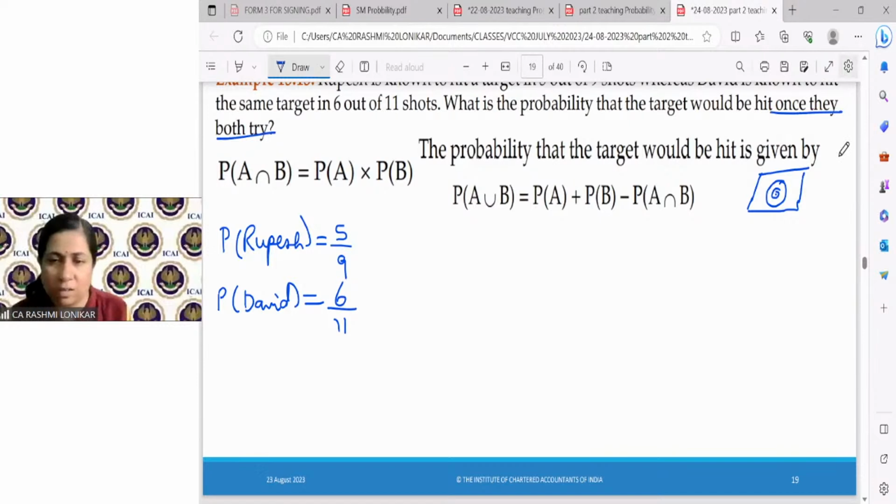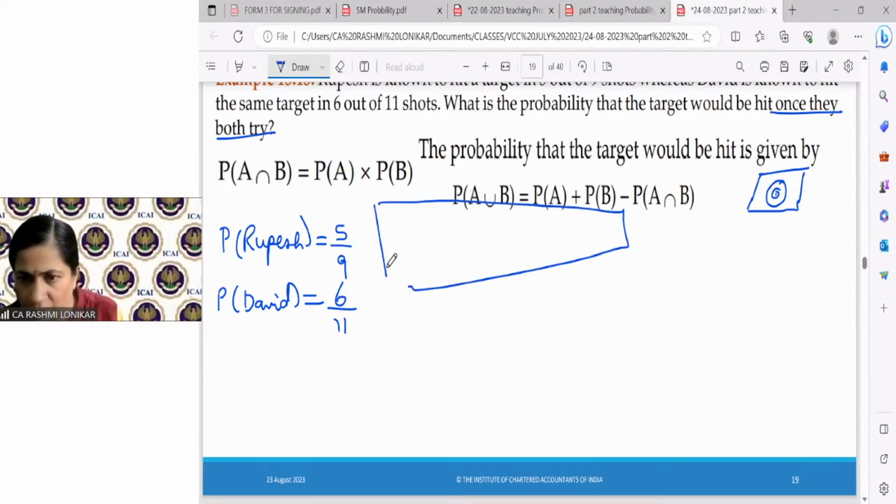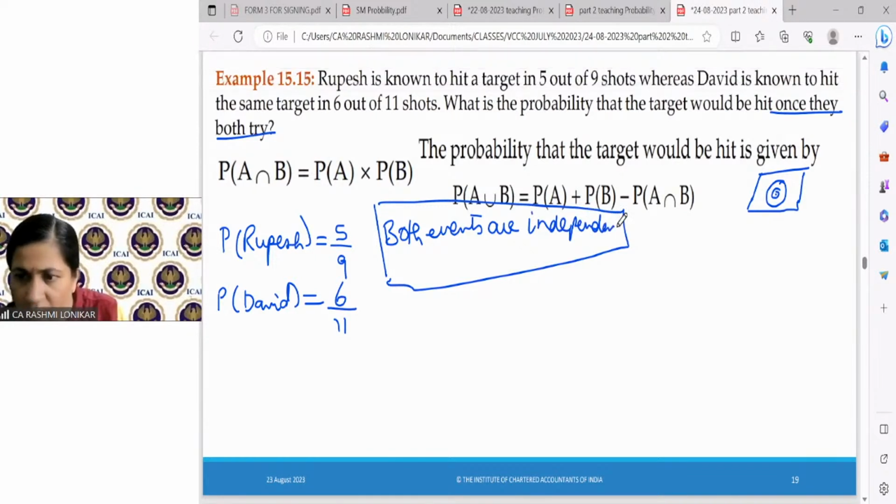Now here both events are independent. This is the most important thing. Why? Because Rupesh hitting the target has nothing to do with whether or not David can hit the target, and David hitting the target is not dependent on Rupesh hitting the target.